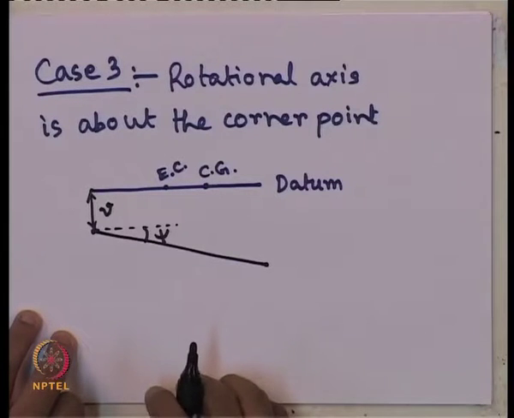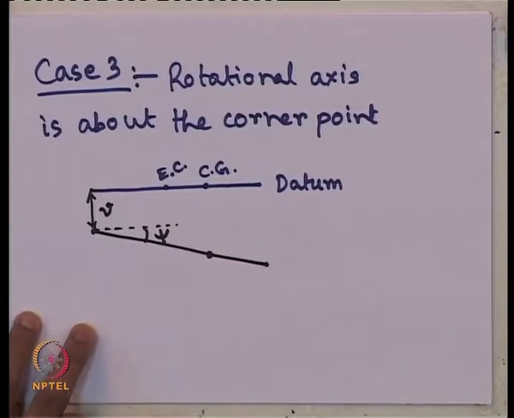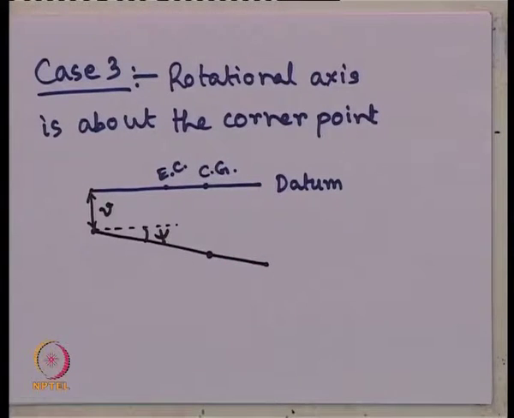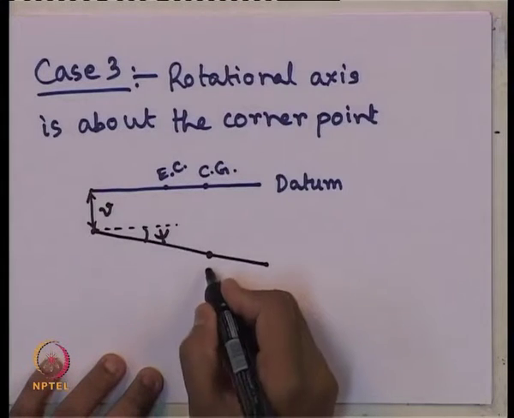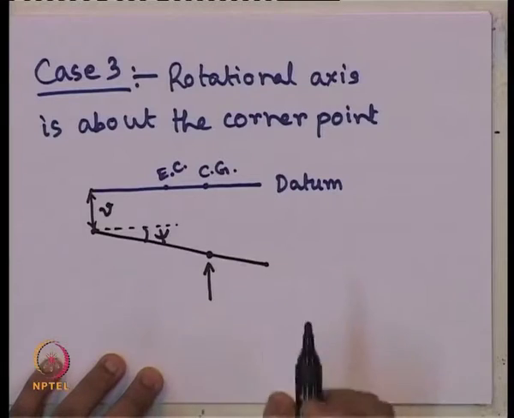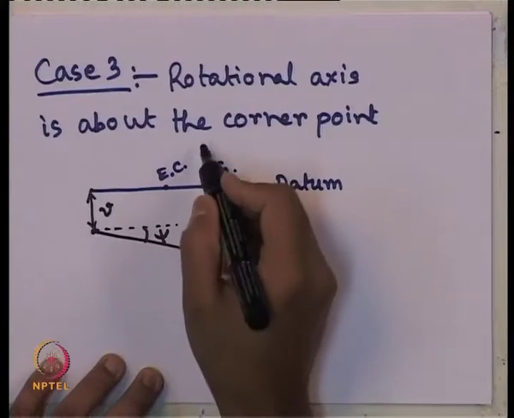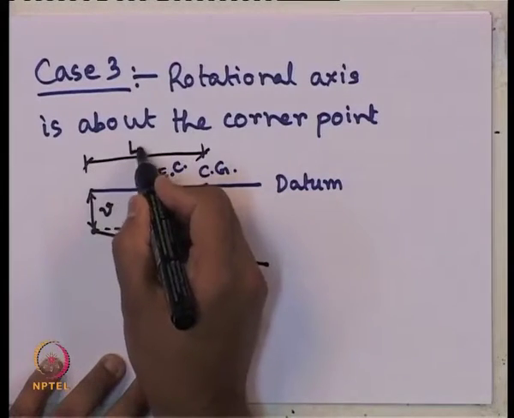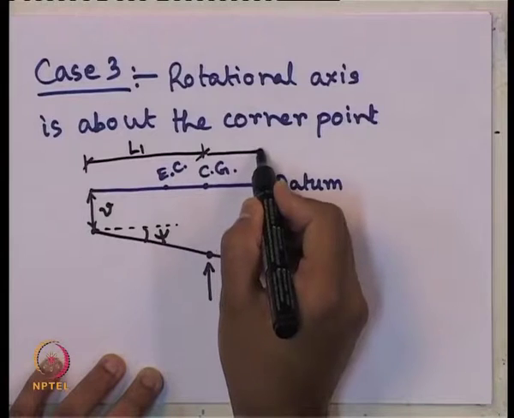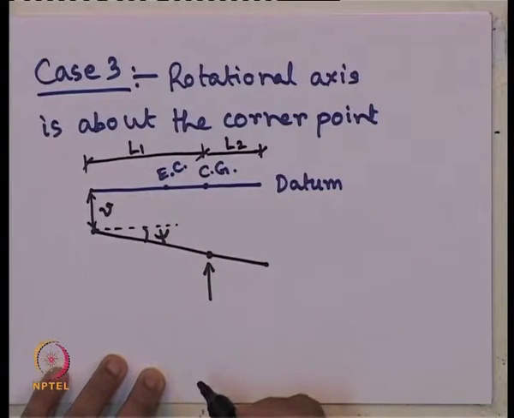If we want to draw the free body diagram, of course, we know all the inertia forces will act about the CG. The CG is at a distance of capital L1 from this corner and capital L2 from the other corner.